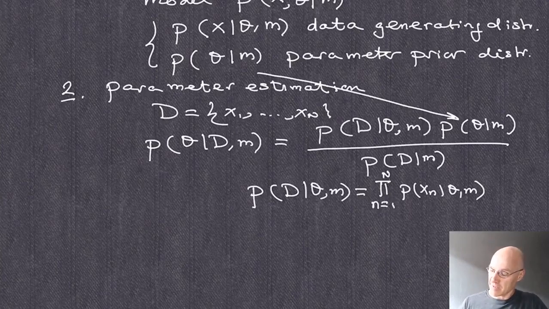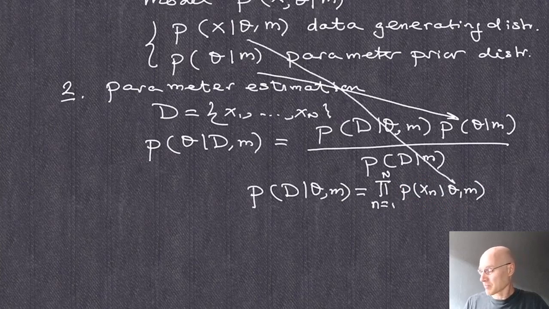And this guy here, well, you have specified your data generating distribution, so you can get that from here. So we can compute now the prior, because you basically gave it in your model specification. You can compute the likelihood function by taking this data generating distribution and plugging in all your values xn.